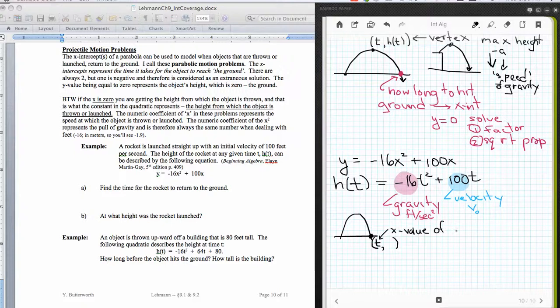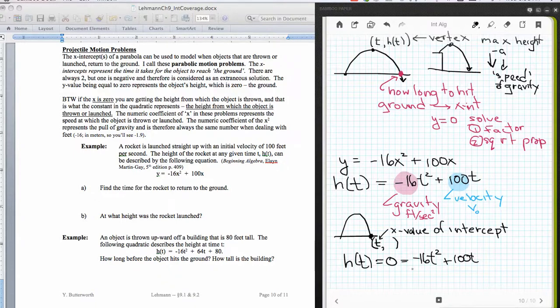My intercept is going to be found by solving that equation for y equals 0, or h of t equals 0. H of t, the height of the object at time t, is 0 because it's hit the ground. And where's the ground? It's 0, right? Ground 0. You've heard that a bazillion times, I'm sure. So this is negative 16t squared plus 100t is equal to 0.